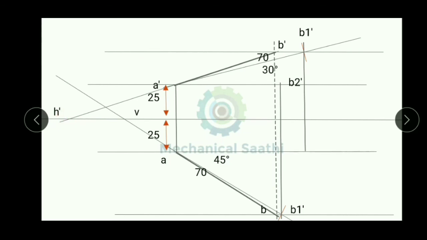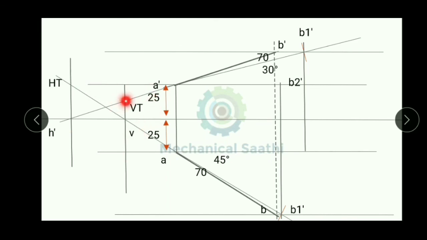Then I need to draw a vertical line over here and another vertical line over here. The intersection point of this vertical line and the extension of the top view will give me the horizontal trace. And the intersection of the vertical line and the extension line of the front view will give me the vertical trace. So let us draw that, and after drawing we'll get this.